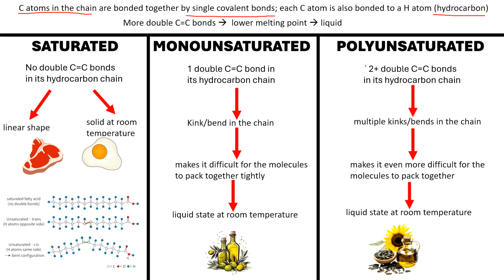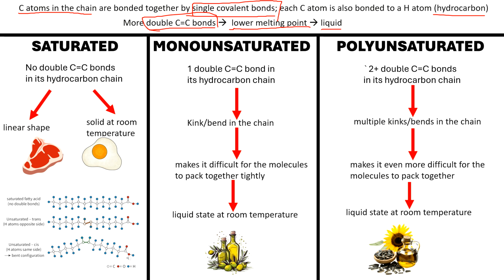Now, when there's more carbon double bonds, the fatty acid is going to have a lower melting point, and hence it's more likely going to be a liquid. And this is important when we look at these three types of fatty acids. So they are mainly bonded together, the carbons, by single covalent bonds, but we can have double carbon-carbon bonds.